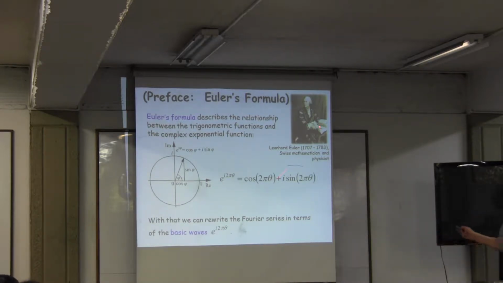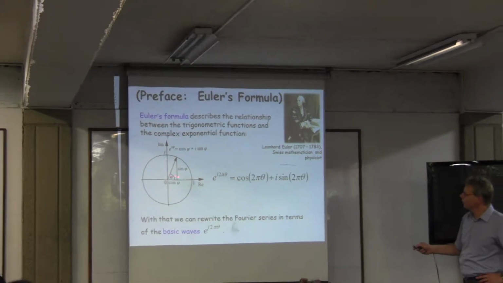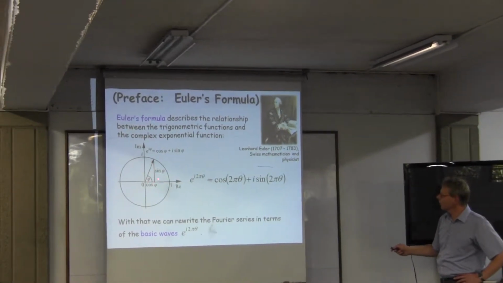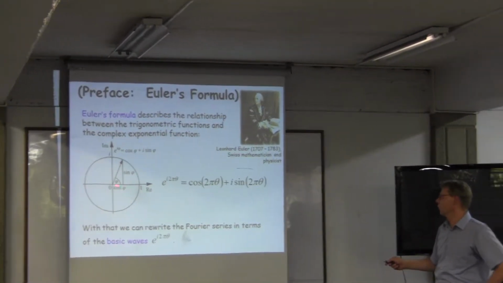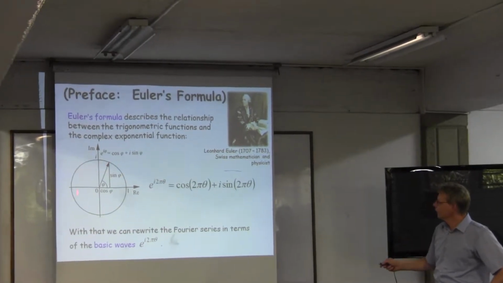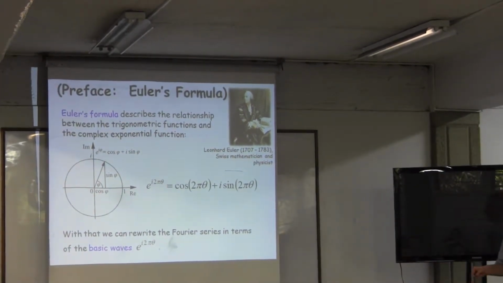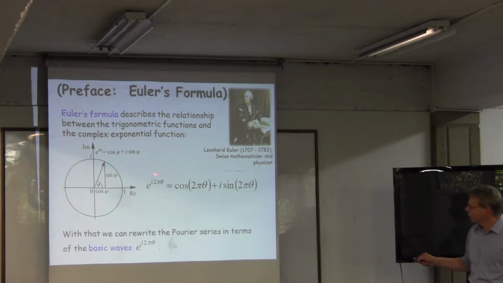But in principle, what Euler did was to introduce this complex number here, and then define that as a combination of cosine and sine waves, geometrical sine components. Here is a geometrical representation on the circle. And so he introduced this exponent here, i 2 pi theta, theta is this angle, as the sum of cosine term plus i times sine theta.